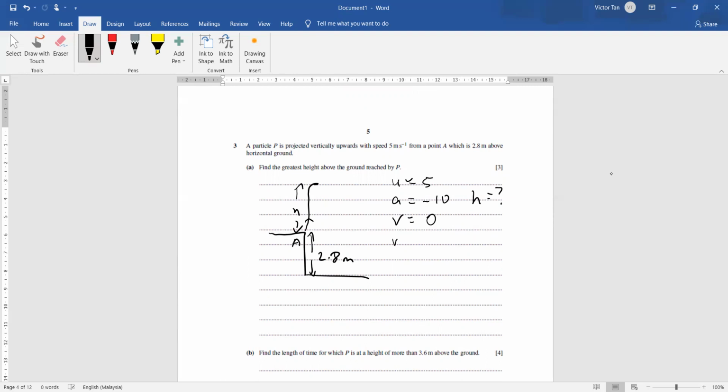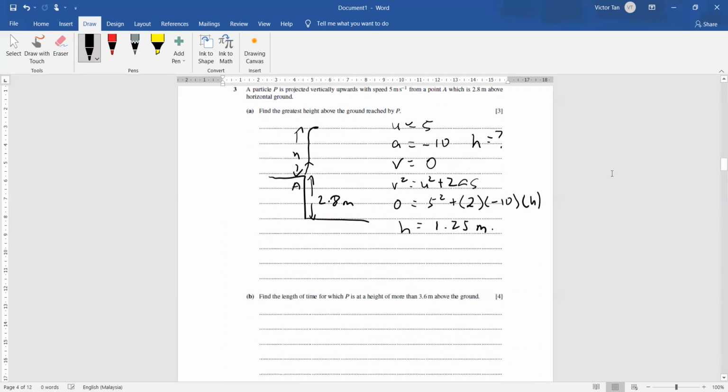You use the formula V squared equals U squared plus 2AS. 0 equals 5 squared plus 2 times minus 10 times H. So you have H equals 25 over 20, or 1.25 meters.